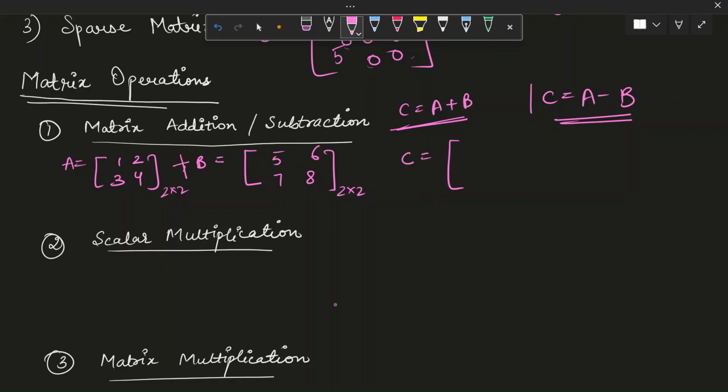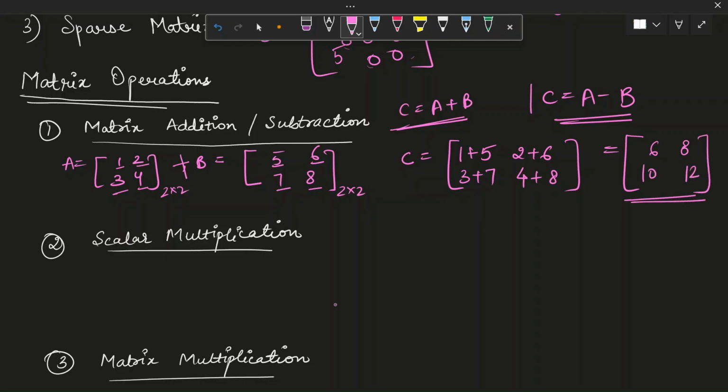Now, 1, the corresponding element to 1 is 5, so 1 plus 5. Then 2 and 6. And 3 and 7. Then 4 and 8. So the resultant matrix of A plus B will be 6, 8, 10 and 12.